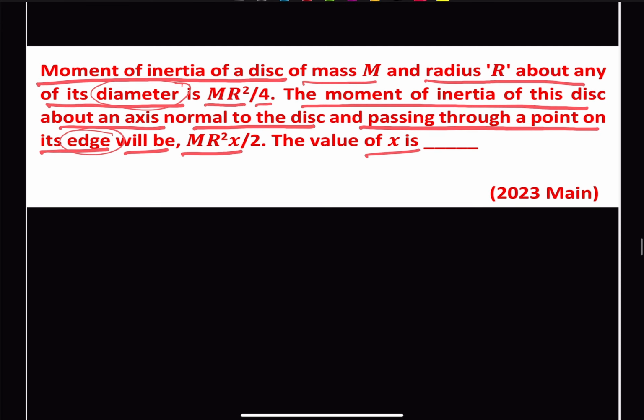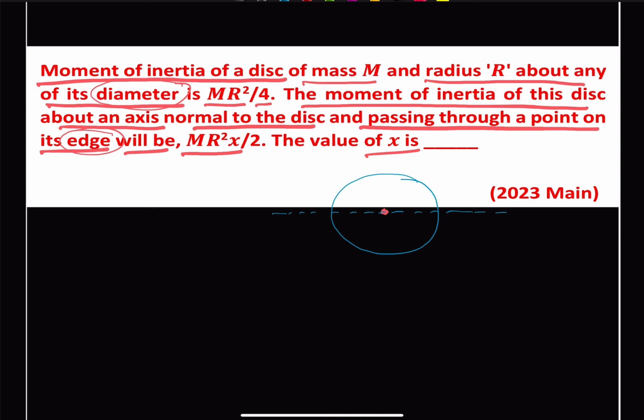So we can just draw the approximate figure. Suppose this is the center, and the first axis is along the diameter, and suppose this is the axis along the diameter, and the other one is normal to the disk passing through the point on its edge.